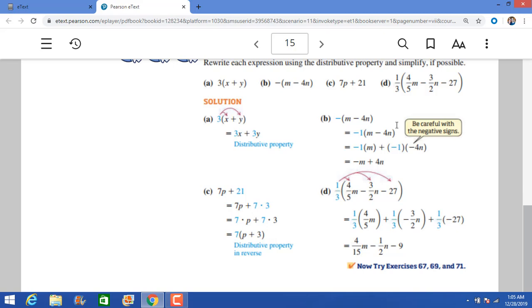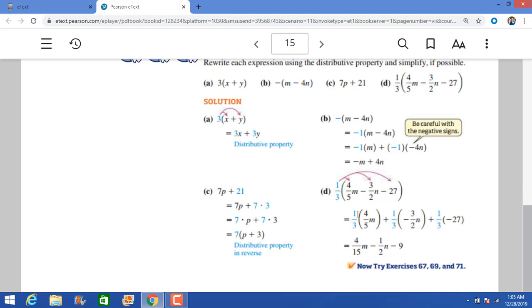Okay, and now this here, we're going to use the distributive property to simplify this by distributing the 1/3. So see what we're doing here? We're going to distribute the 1/3 to each one of these terms as such, and then we're going to simplify each term.